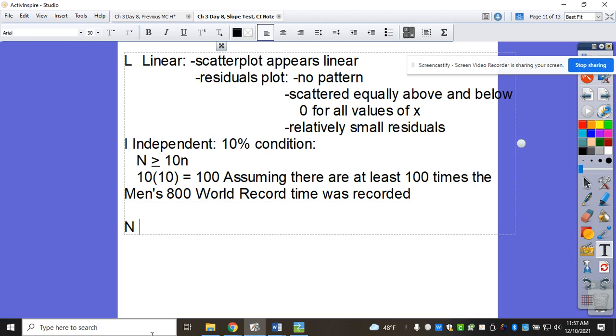What's in normal? What am I writing there? Which graph am I checking? And I'm writing that it shows no what?